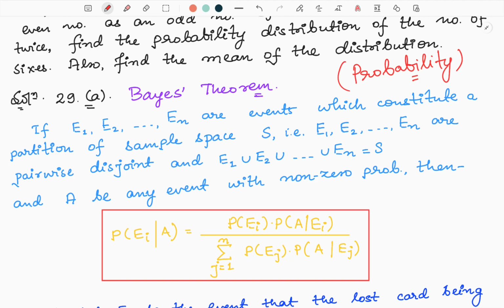Okay, so let us say E1, E2 up to En are events which constitute a partition of the sample space, such that E1, E2 up to En are pairwise disjoint events, but their union gives us the whole sample space, and A is any event with non-zero probability. Then the probability of Ei given A has occurred is given by a fraction in which the numerator is the probability of Ei multiplied by the probability of A given Ei, upon the summation, j varies from 1 to n, of the probability of Ej into the probability of A given Ej.